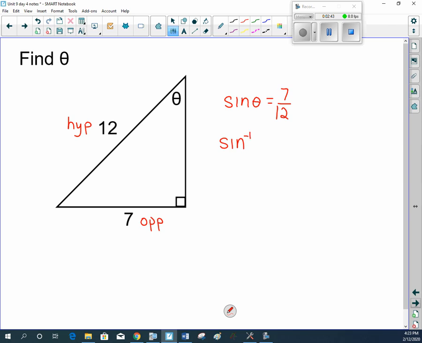So inverse sine of 7 divided by 12 equals theta. I'm going to go to my calculator. Inverse sine of 7 divided by 12 is 35.7 degrees. So this angle measure right here is 35.7 degrees.